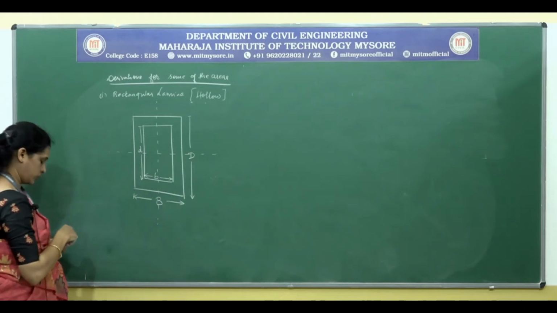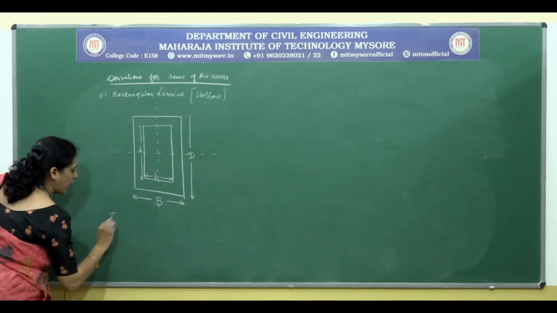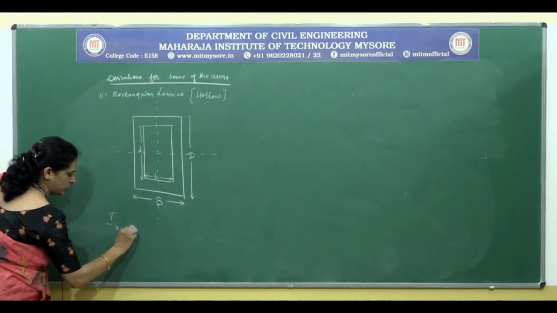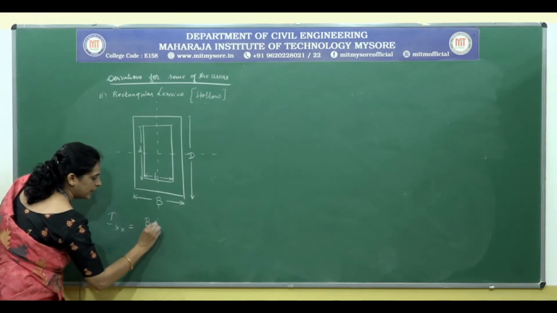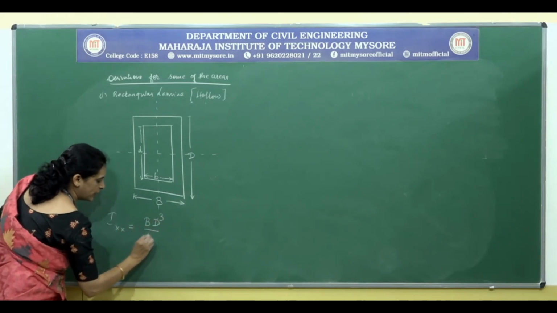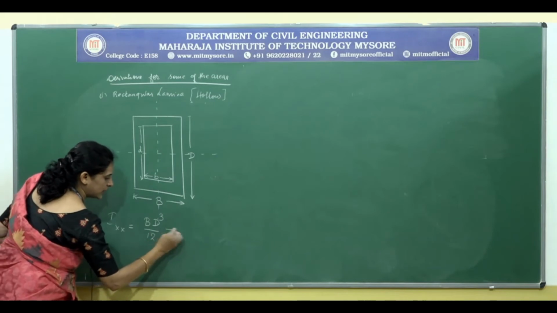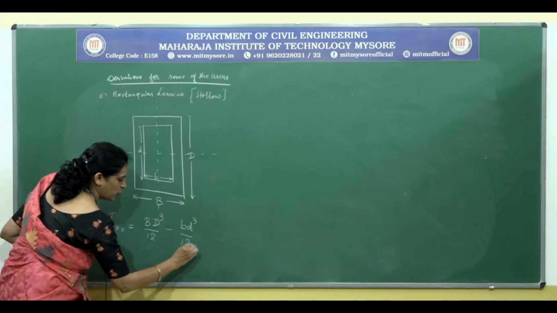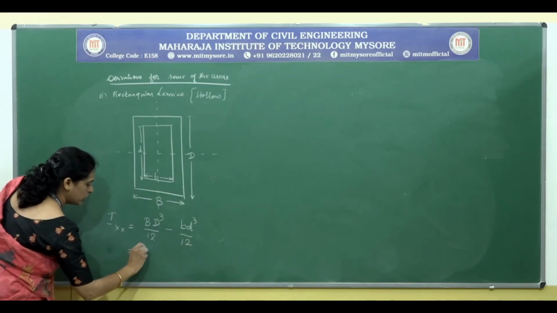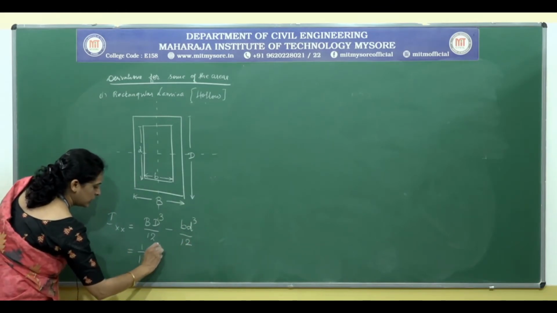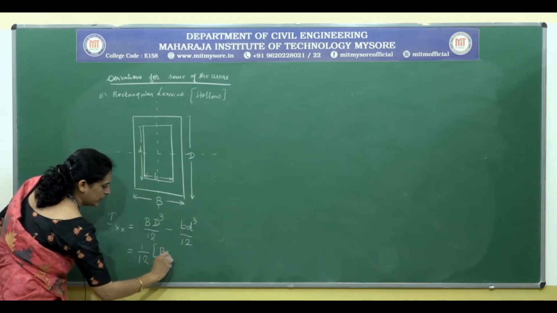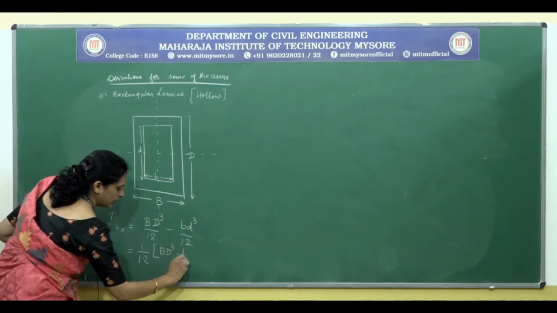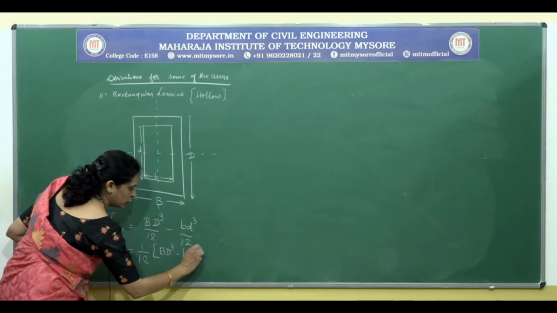Now Ixx is equal to BD cube by 12 minus bd cube by 12, or 1 by 12 into BD cube minus bd cube.